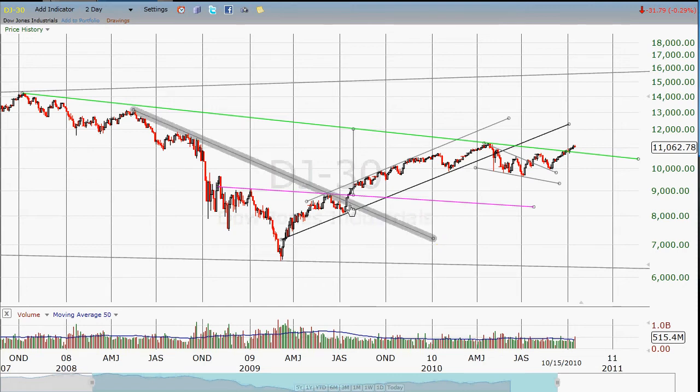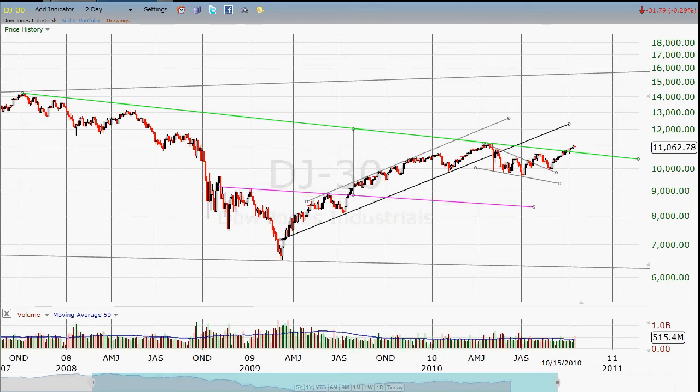That comes very close to when that was taken out. It just had the steam to keep on going and take out that neckline as well. The S&P actually lines up exactly on that breakout day.